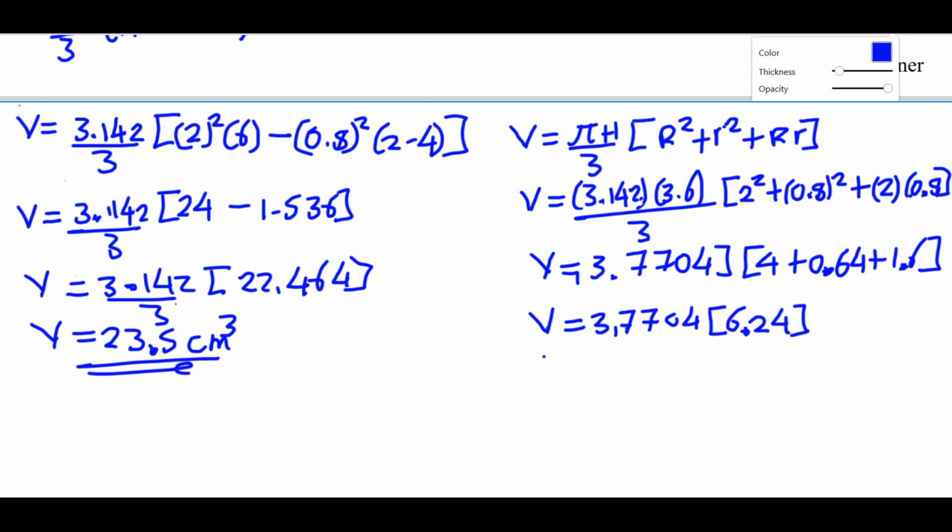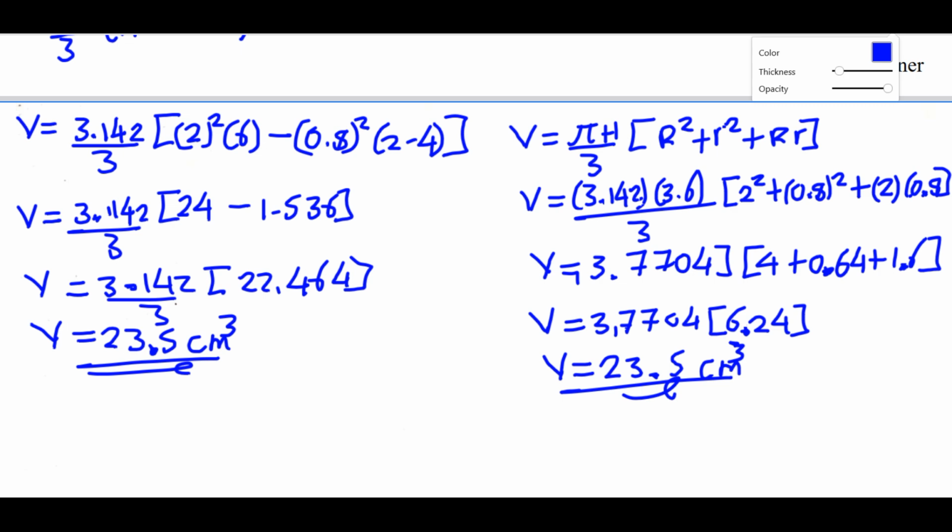Now to find the final answer, we can just multiply 6.24 times 3.7704. So I'm getting 23.55, which is about 23.5 centimeters cubed. So as you can see, you are finding the same value.